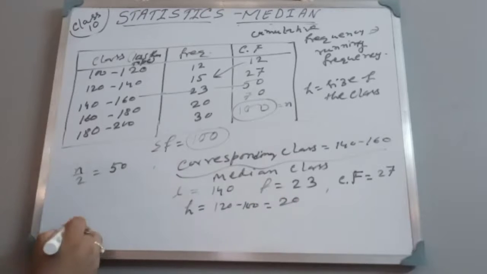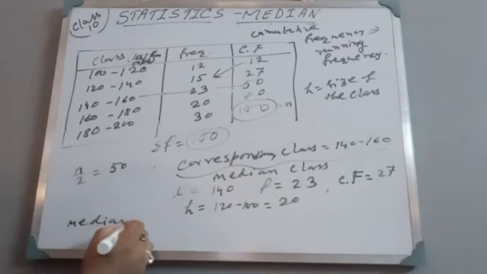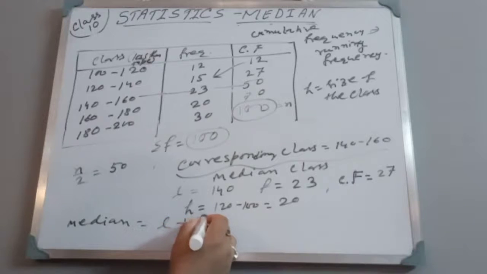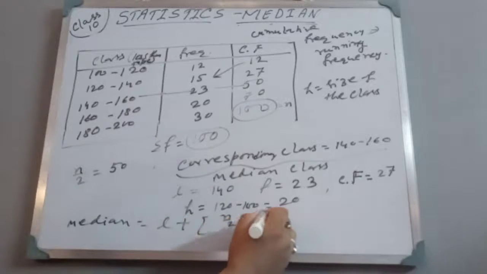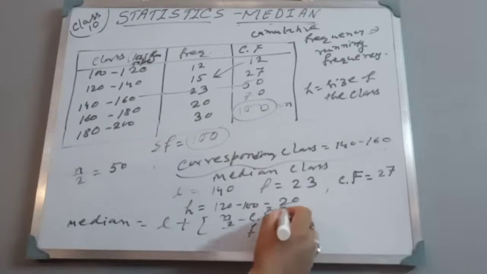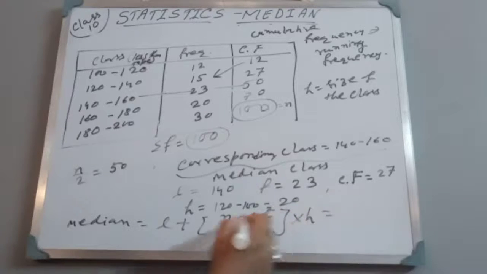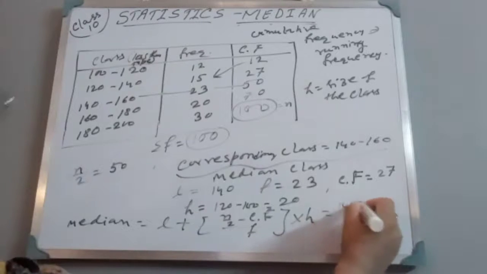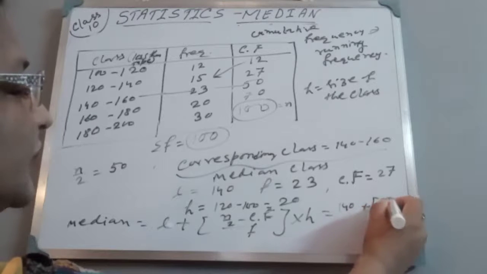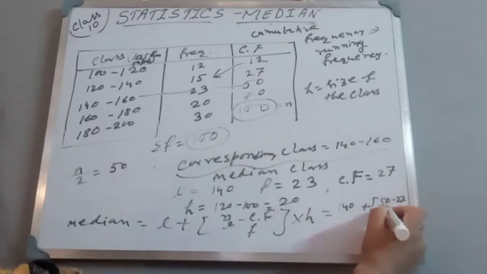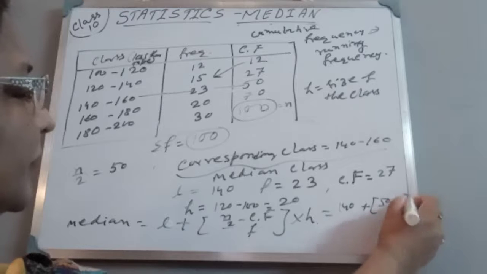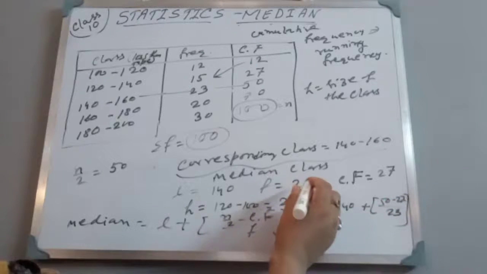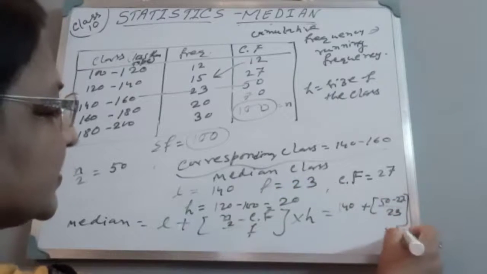Done. Now what is the formula? This is very, very important. The formula is L plus n by 2 minus CF, divided by f, into h. Just put all these values, then only we will get the median. Here the value is 140 plus 50 minus 27 divided by 23, as 23 is the frequency, into 20.